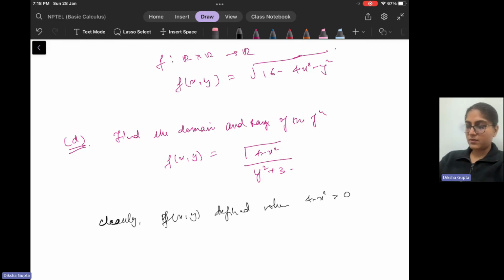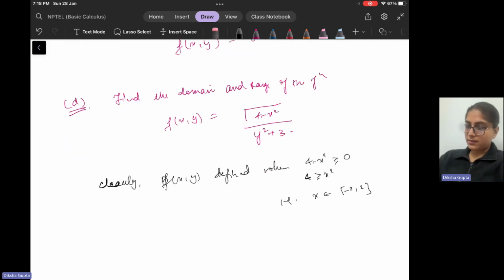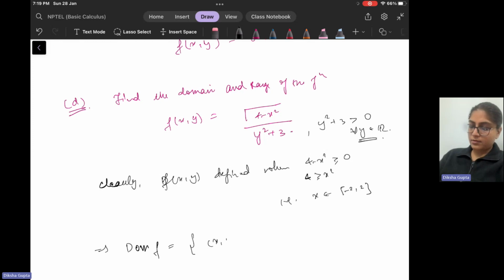The denominator has no problem, it is always positive, because y square is. As we did above, x belongs to minus 2 to 2. Y square plus 3 is always positive for all y belonging to R. So the denominator is no problem, which implies the domain of f is all those (x, y) belonging to R2 such that minus 2 less than x less than 2.